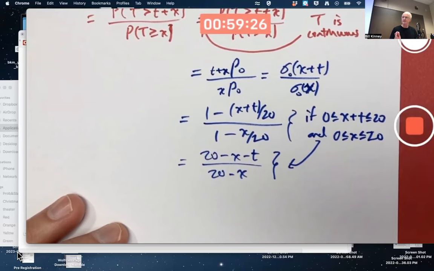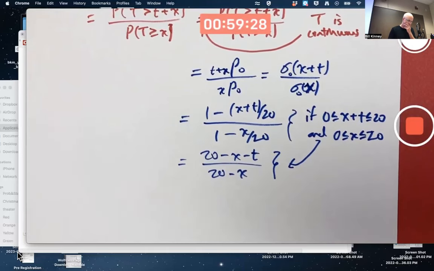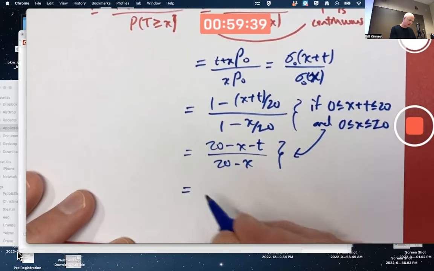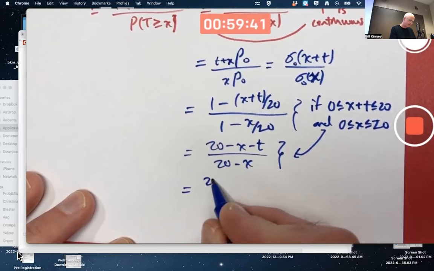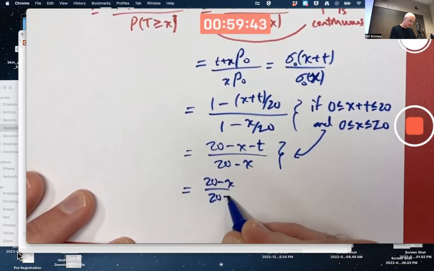Now remember, think of x as fixed and think of t as the variable. Oh, wait a minute, did I make a mistake? No, okay, this is right. Actually, the simpler way to write it would be ultimately this.